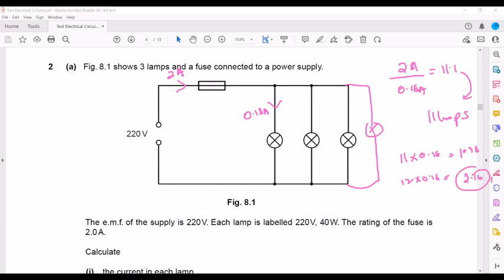That 2.16 ampere is more than 2 ampere, so the fuse will melt. So how many lamps can we connect? We can connect about 11 lamps, so the current will remain less than 2. If the 12th lamp is connected, the current will be more than 2 and the fuse will melt.